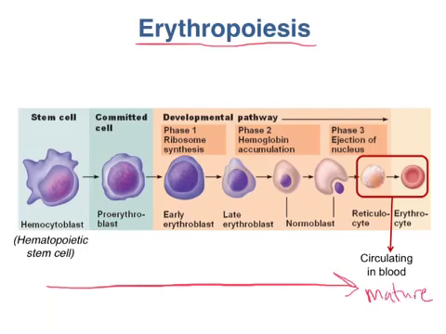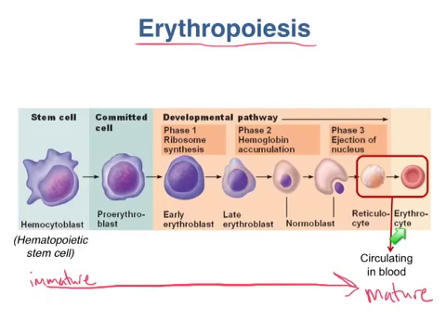The hematopoietic stem cell is very immature, right? So one daughter cell from that hematopoietic stem cell passes into the slightly more mature proerythroblast, into the erythroblast, keeps maturing, eventually casts out its nucleus and becomes a reticulocyte. And then the reticulocyte matures into an erythrocyte.